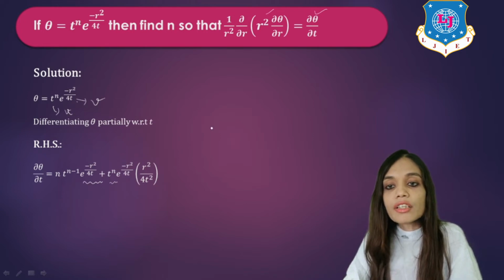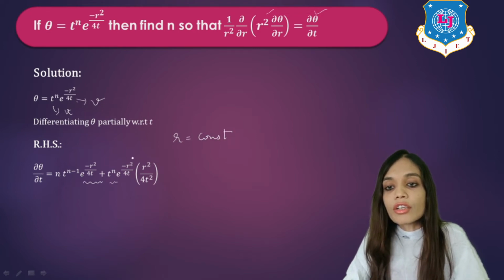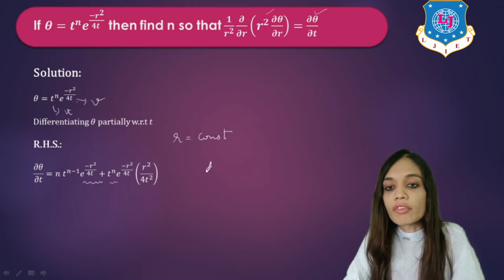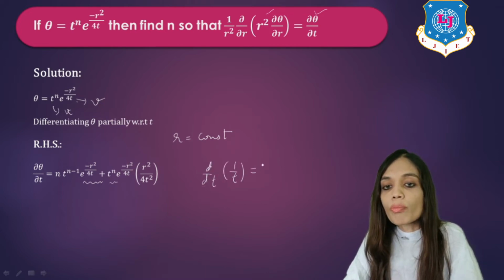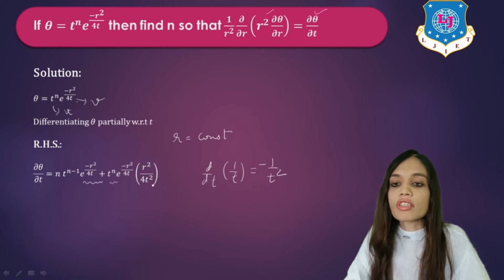So while applying which term do you have to keep constant? r will remain constant, right? So keep r square as it is and 4 as it is. Derivative of 1 upon t will be equal to minus 1 upon t square, right? So minus minus plus. So finally it will be r square upon 4t square.